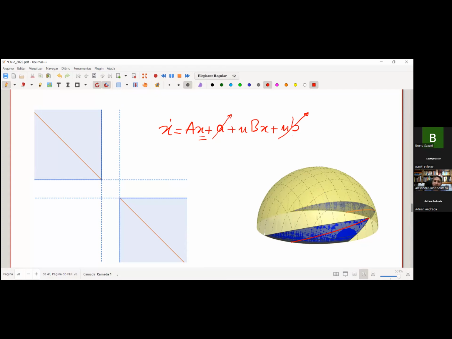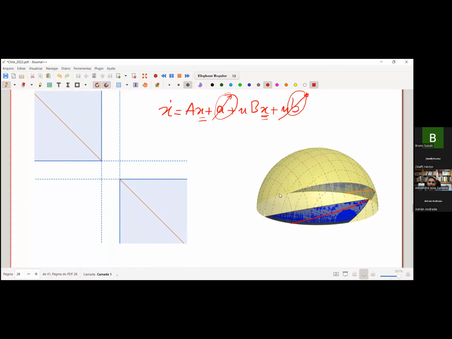So if we consider the norm of x going to infinity, then this small a and this small b don't matter in the behavior of the system. And so this is the idea.